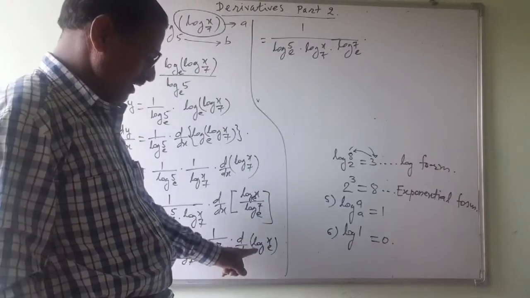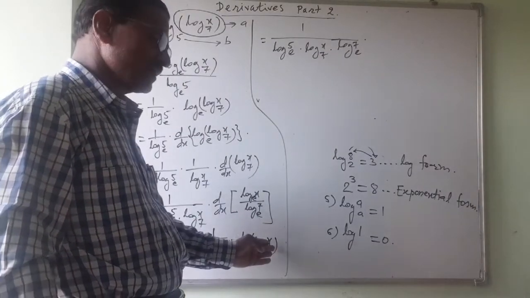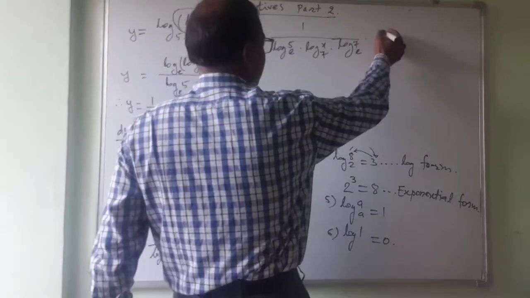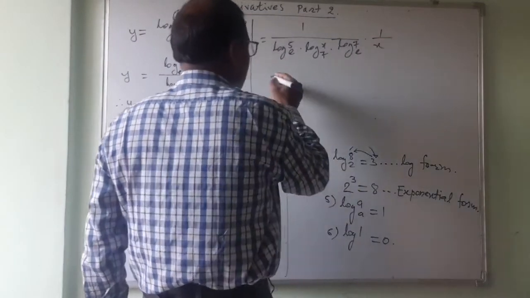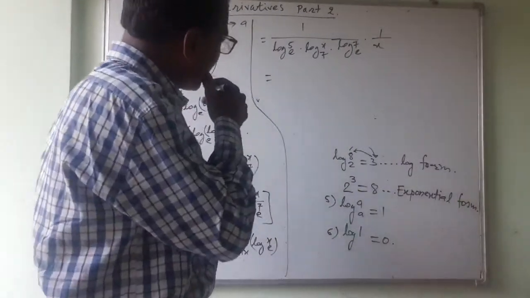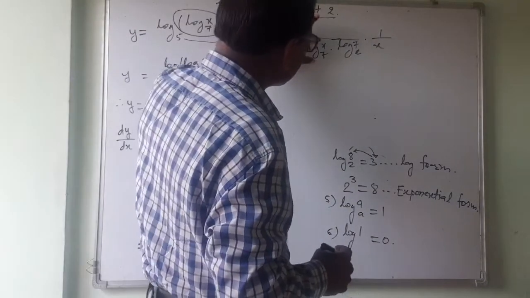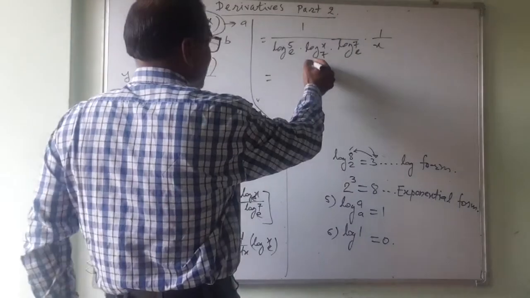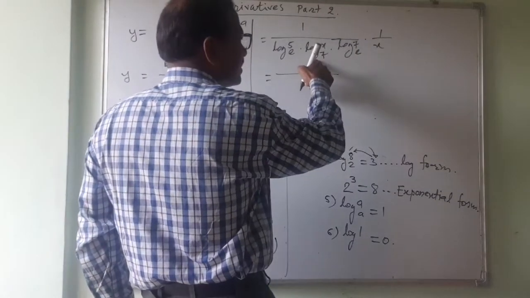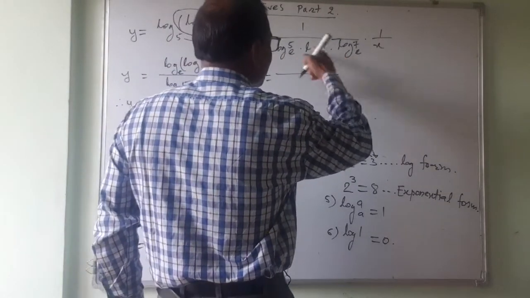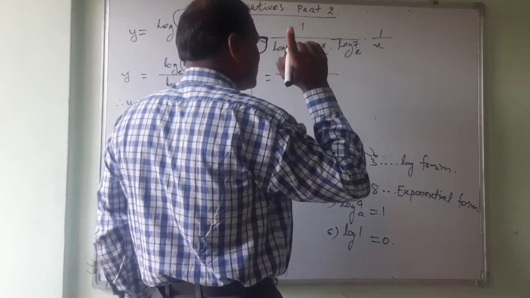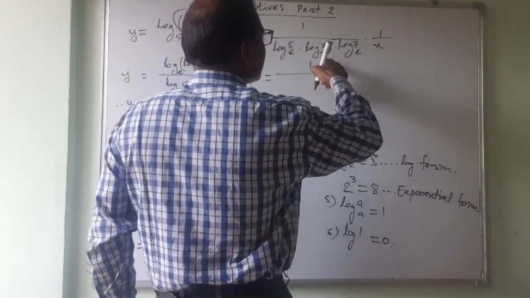Now the derivative of log of x is 1 upon x. Now there is something that I can change. See how I can change this. Here the base is 7. Everything has the base e, but only this has the base 7. This will get cancelled with this.